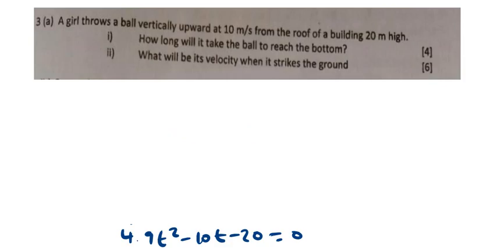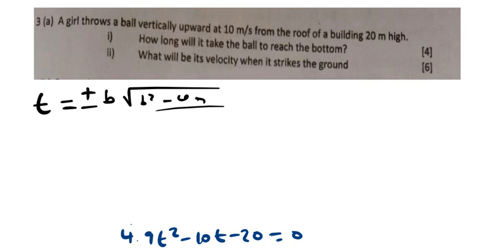Now what is t in this case? You know that t or x is usually negative b, positive or minus the square root of b squared minus 4ac, over 2a.